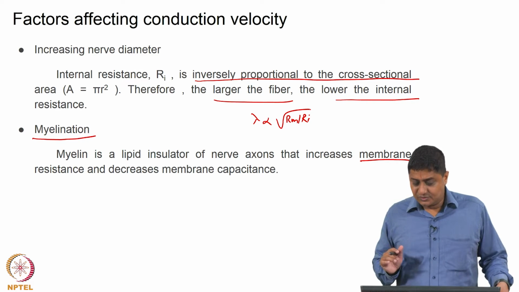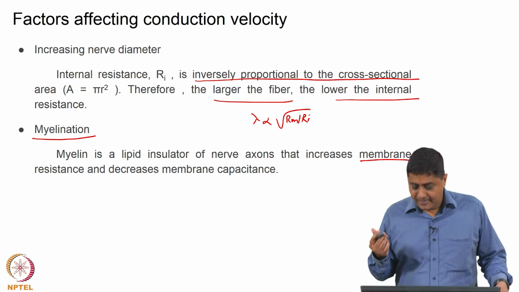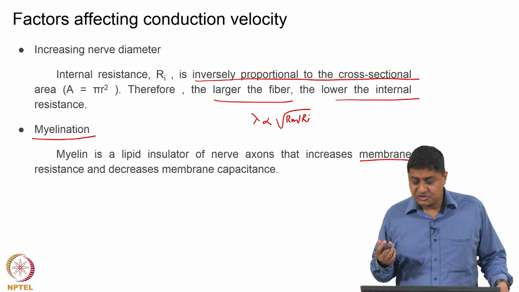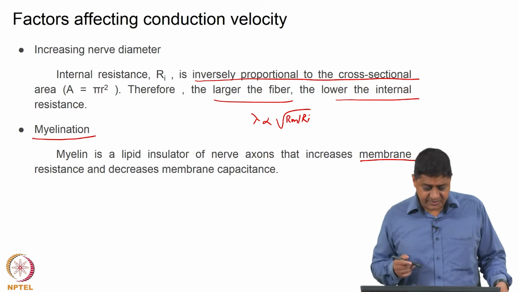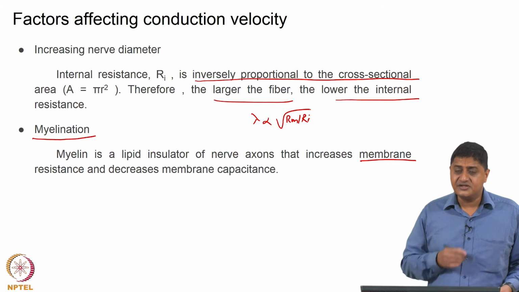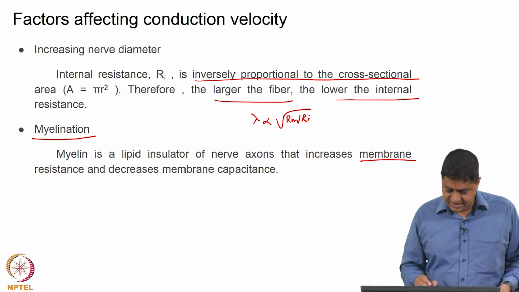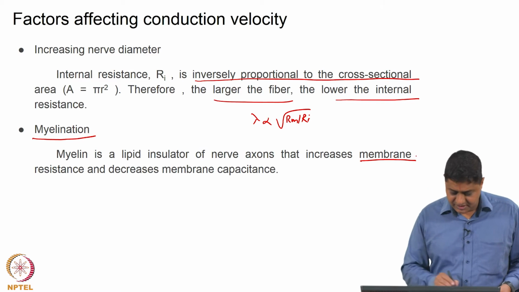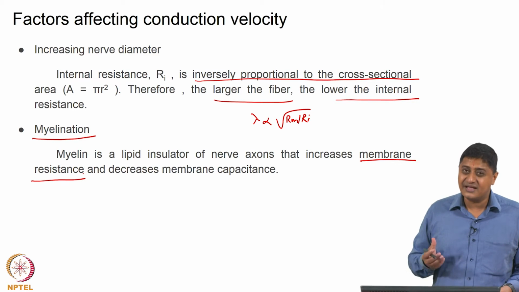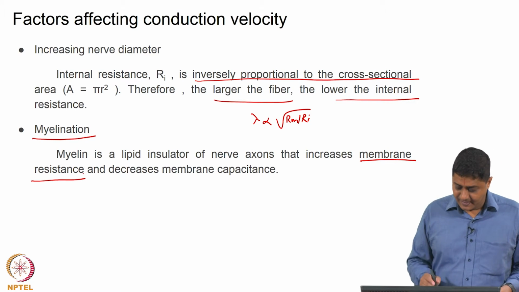The other way of increasing lambda, apart from increasing the nerve diameter, is to increase Rm simply. That is possible by using an insulation around the neuronal axons, right. So, basically myelination increases membrane resistance and thus increases lambda.